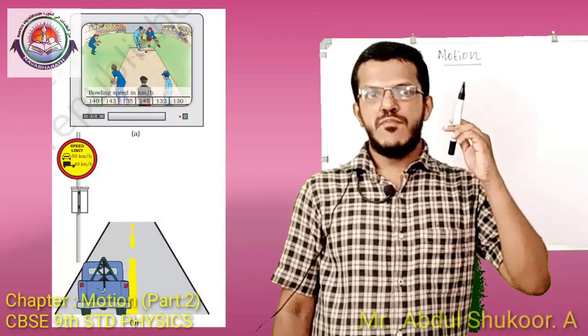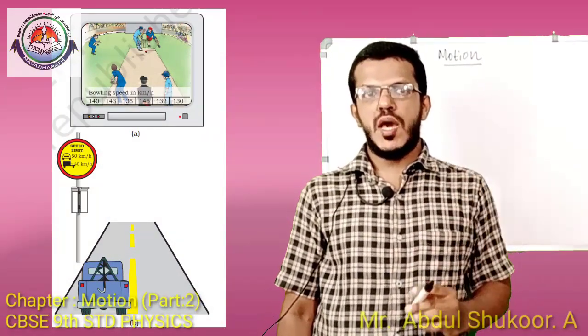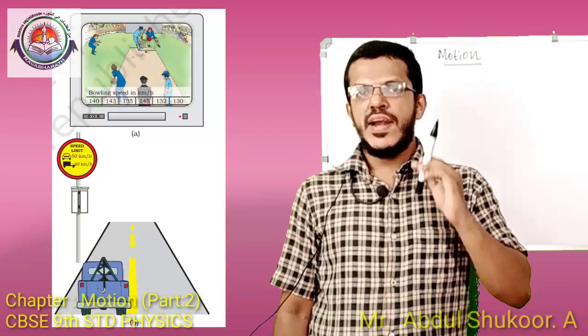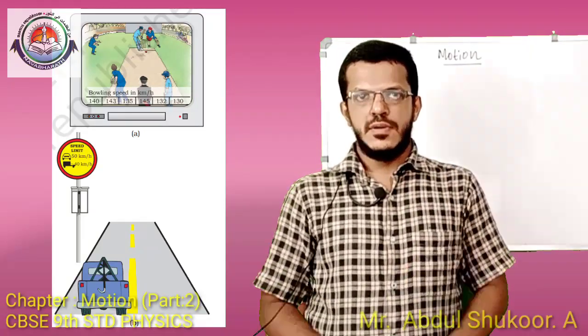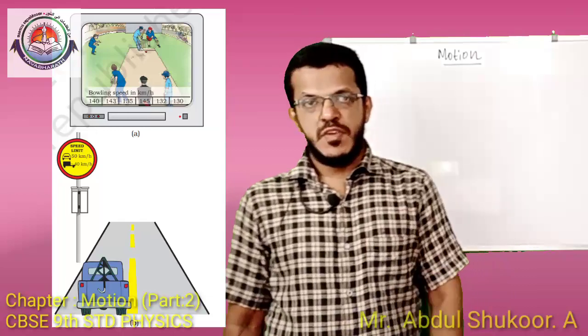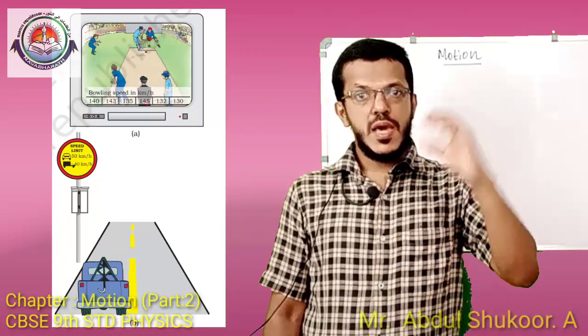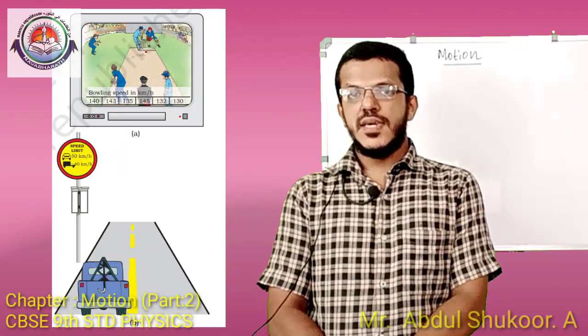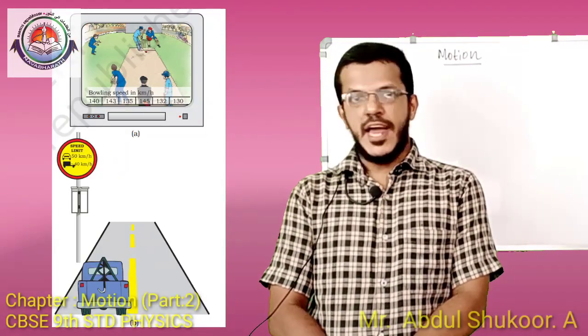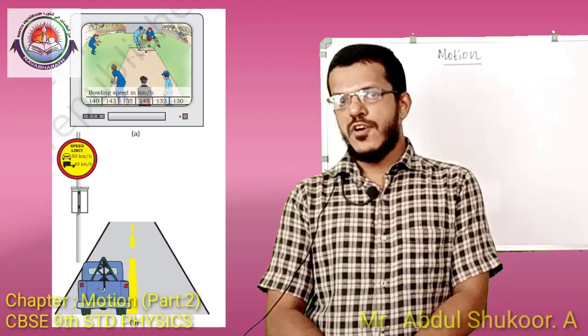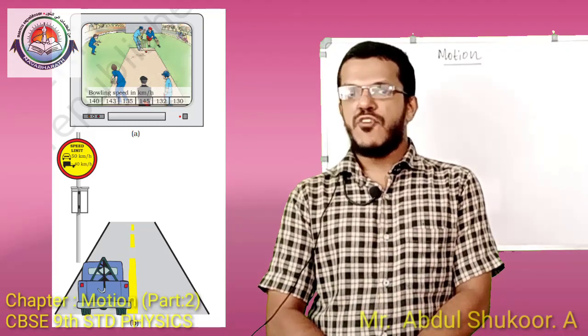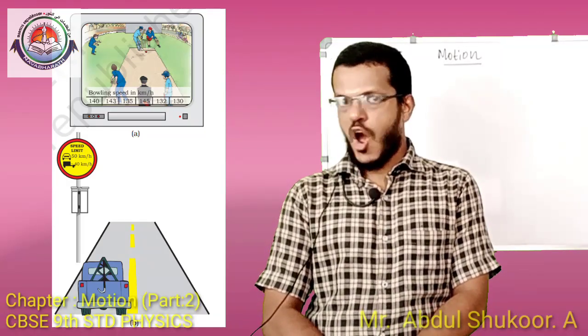If the bowling speed is 143 km per hour, what does it mean? What do you understand from the signboards of vehicles, 50 km per hour, 40 km per hour? That is the rate of motion, the speed of moving vehicles or objects.